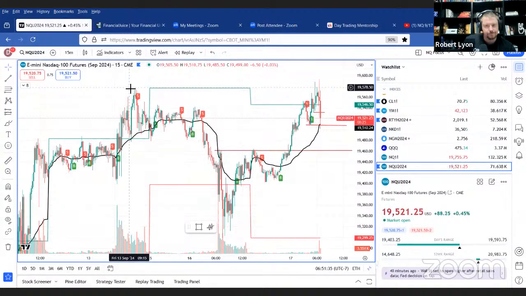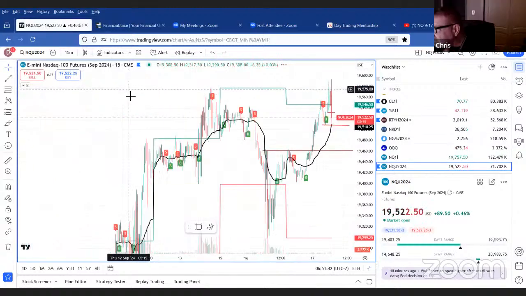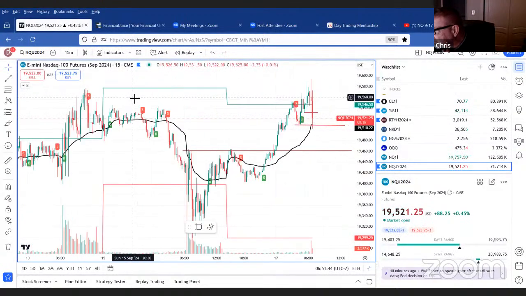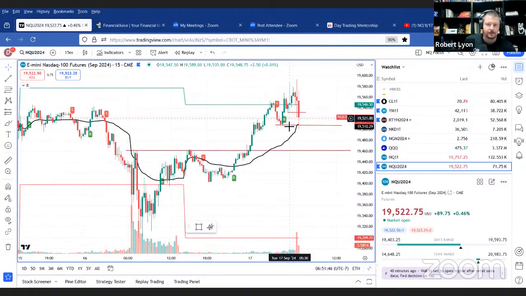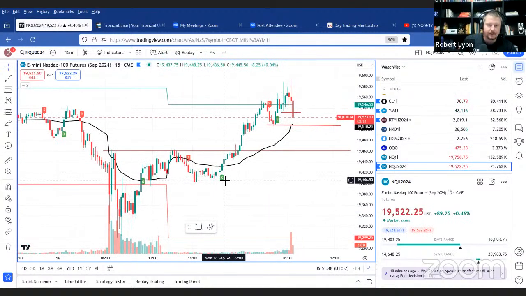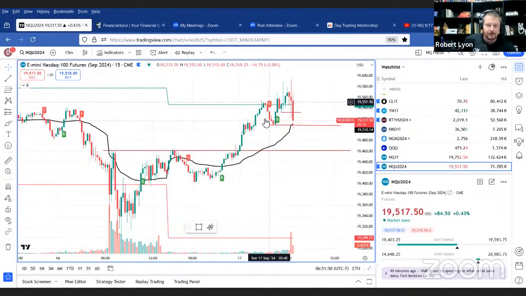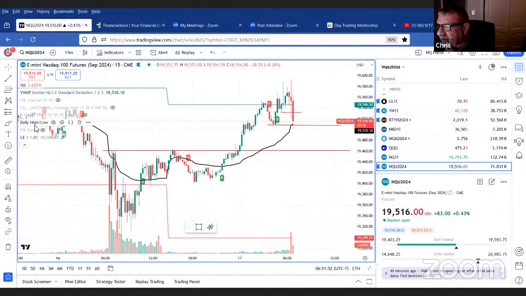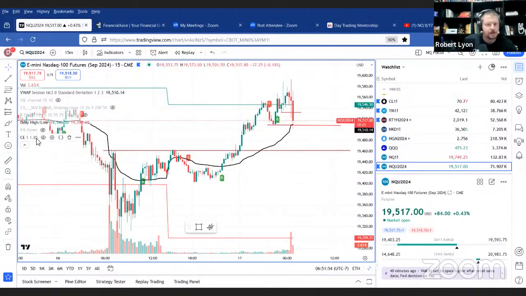This is our third attempt at breaking 1600s or 600s, whatever. What are those S and B? It was just some stupid one. I wouldn't look at them. It's just another indicator that says, hey, buy, sell. I don't even know which indicator this is. This is the daily high.